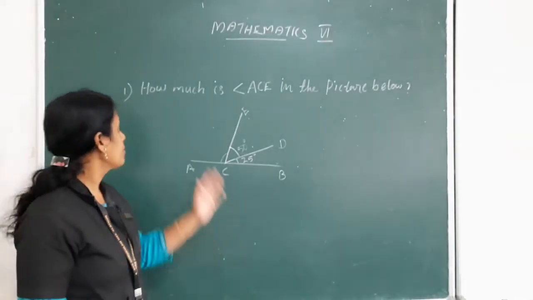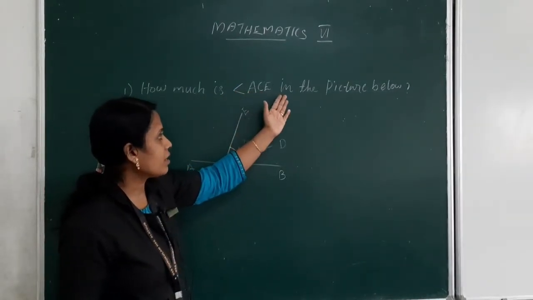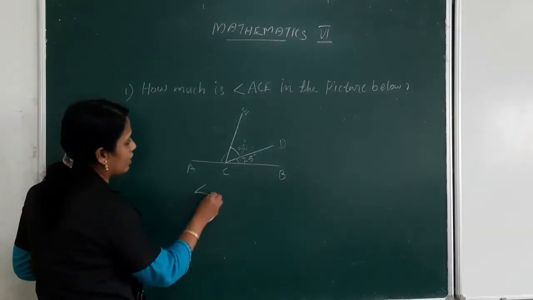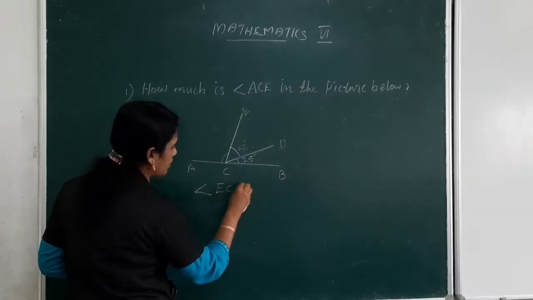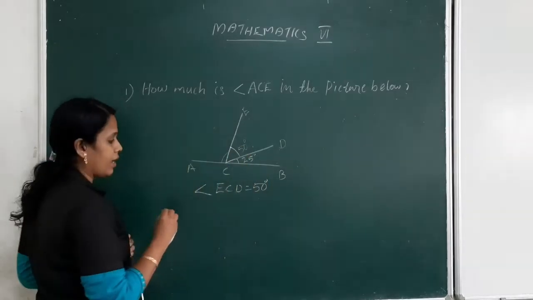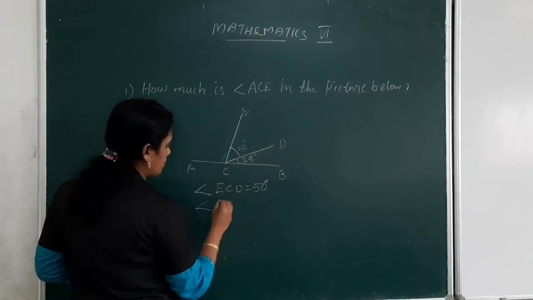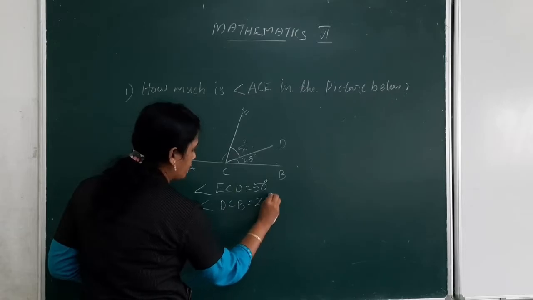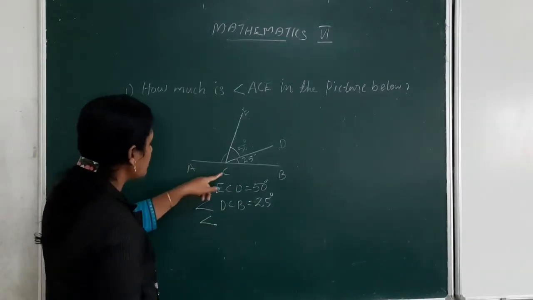Here question is, how much is angle ACE in the picture below? Here angle ECD is equal to 50 degree. Okay, next angle DCB is equal to 25 degree. Here we have to find out angle ACE.